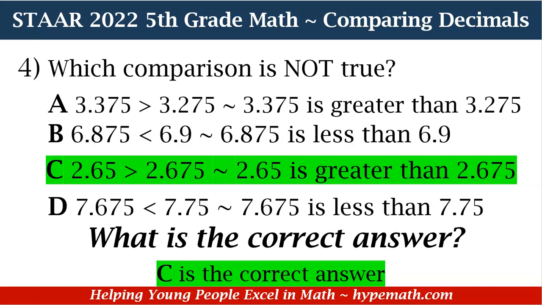So now we need to move to the tenths place. Well, both of the numbers have a 6 in the tenths place. So now we're going to move to the right to the hundredths place. Well, 2.65 has a 5 in the hundredths place, and 2.675 has a 7. Well, 5 is less than 7, right? So that is why it is wrong, because no, 5 is not greater than 7.